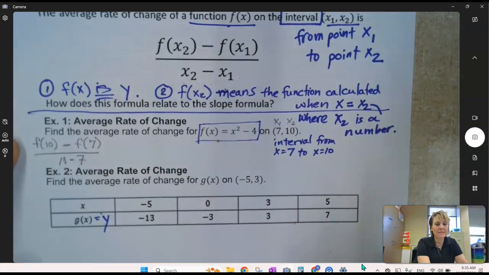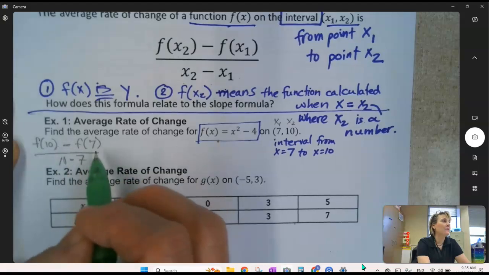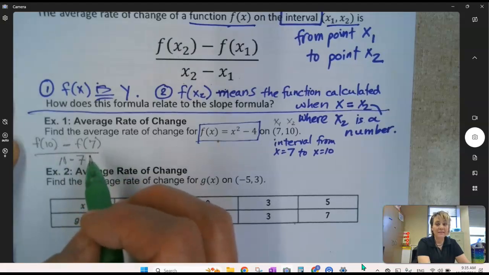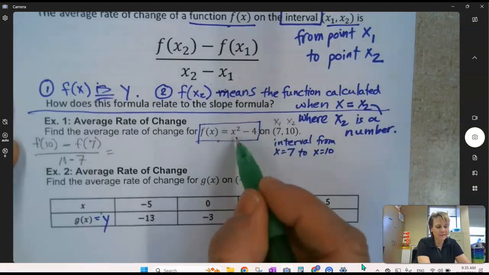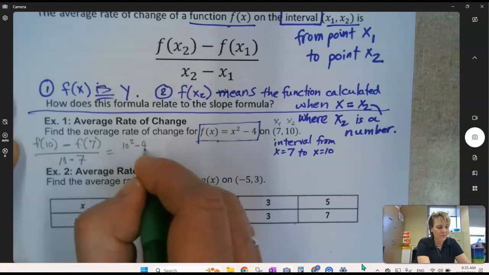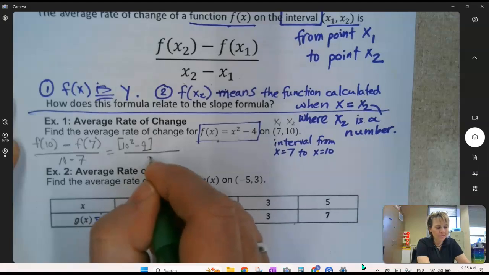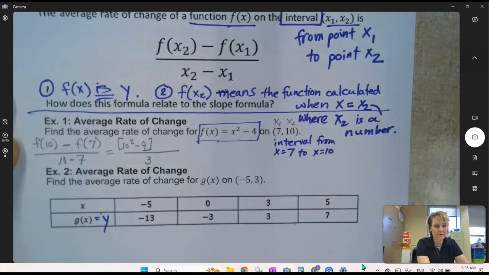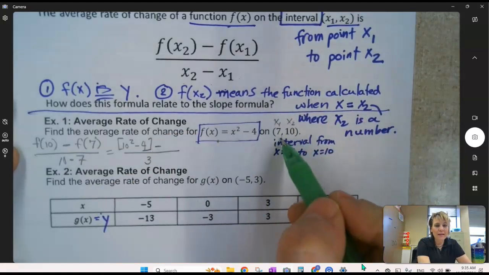Okay, so then how does this look? I have to calculate out the values of these functions and then subtract. So I'm going to put in 10 into this equation. So I'll have 10 squared minus 4. If you don't mind, I'm going to go ahead and calculate my denominator is 3. I'm also putting the x1 into the function.